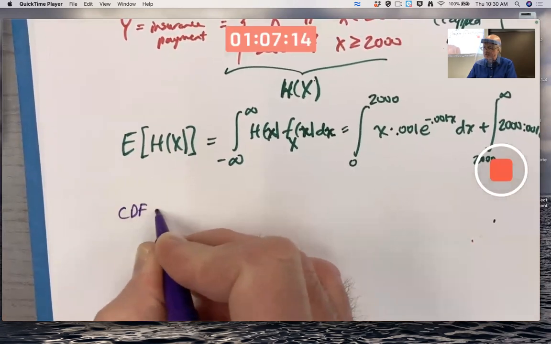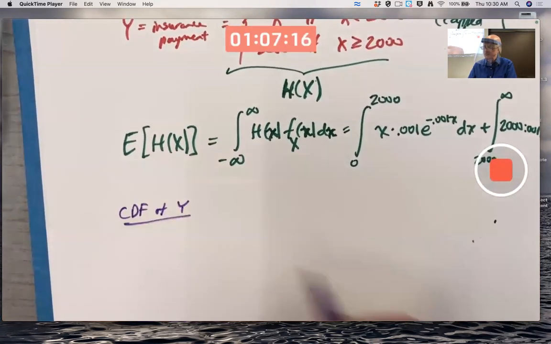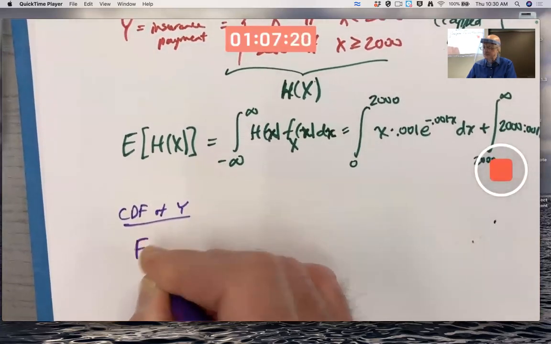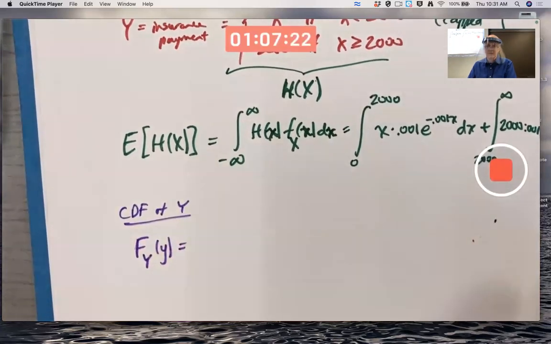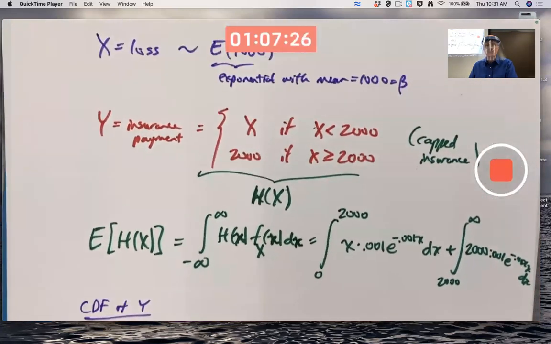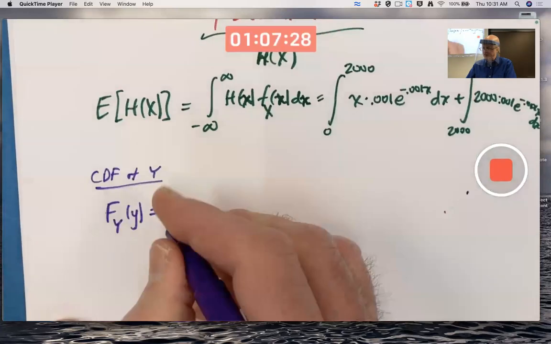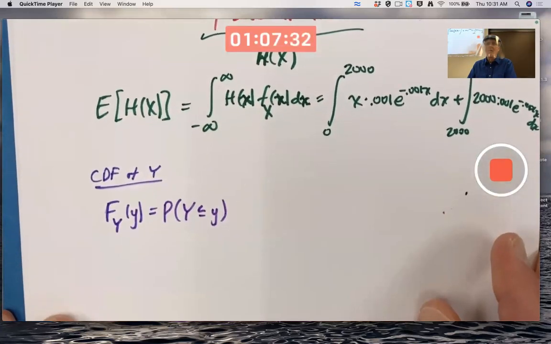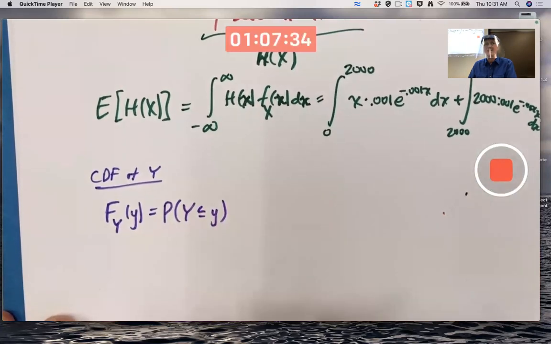CDF of Y. Think about it intuitively here. Well, it's the probability that capital Y is less than or equal to a given little y. Once little y gets to 2000 or above, the probability is 1.